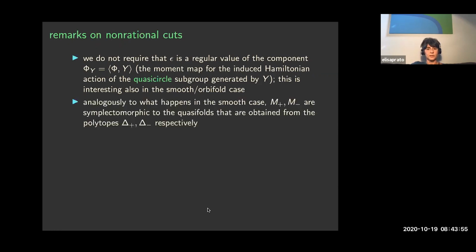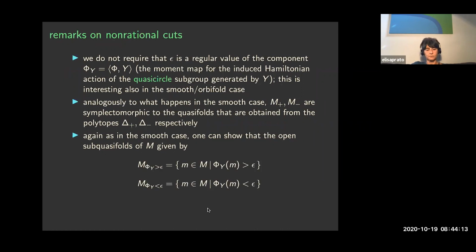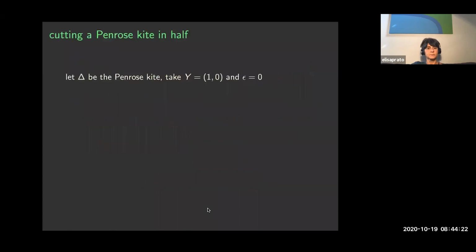What is more relevant here is that M plus and M minus are the quasifolds that correspond to delta plus and delta minus under the Delzant construction. So this also is a classical thing that holds in the smooth case that carries over to the non-rational case.